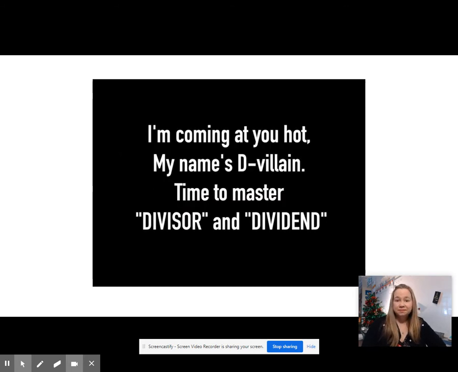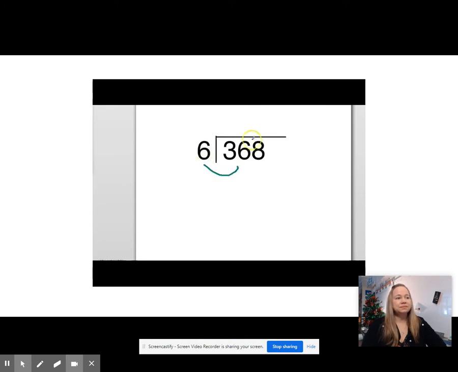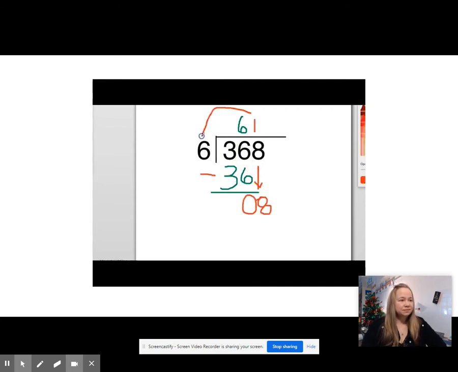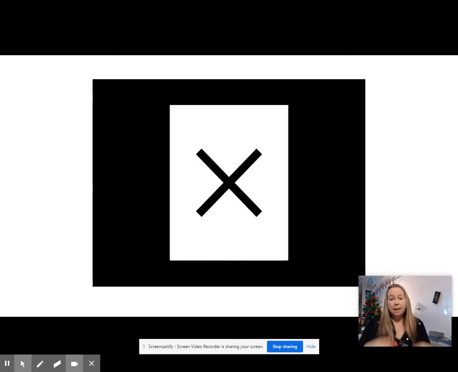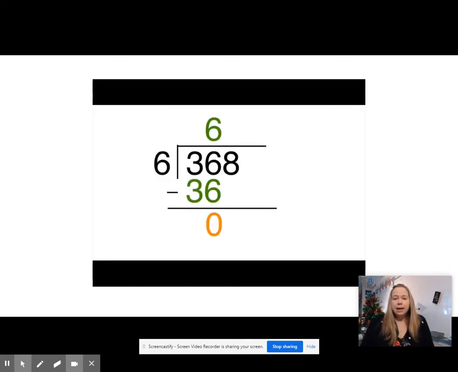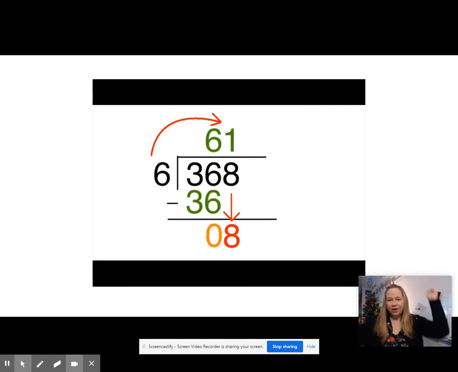First, divide these two numbers. Then multiply 6 times 6. Subtract 36 minus 36. Bring it on down and bring it on back.